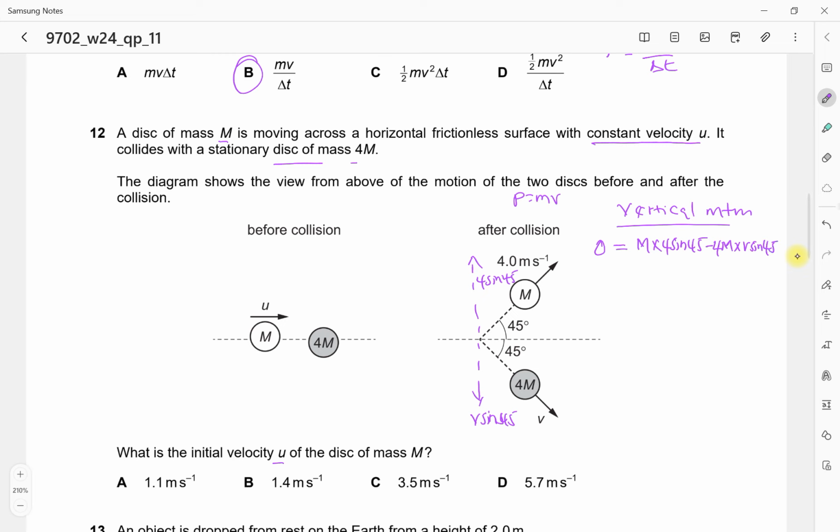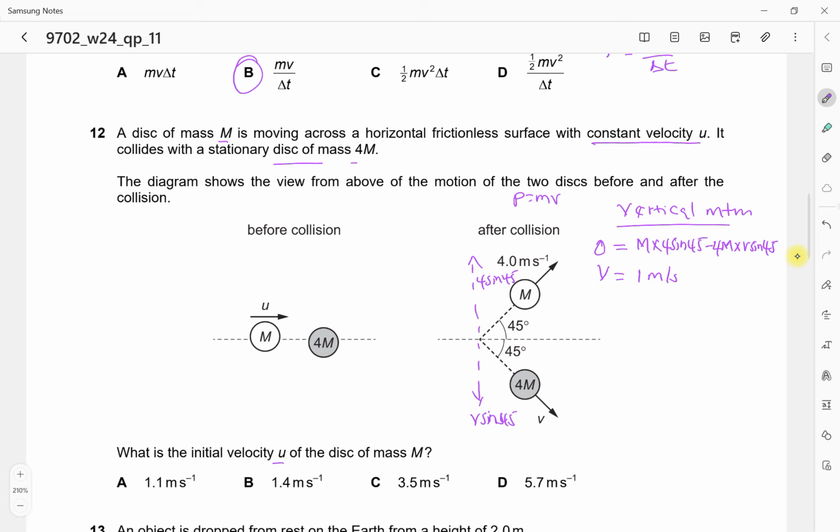So m cancels out, the 4 cancels out, sine 45 also cancels out, so v is equal to 1 meter per second. If we consider vertical motion, v is 1 meter per second.